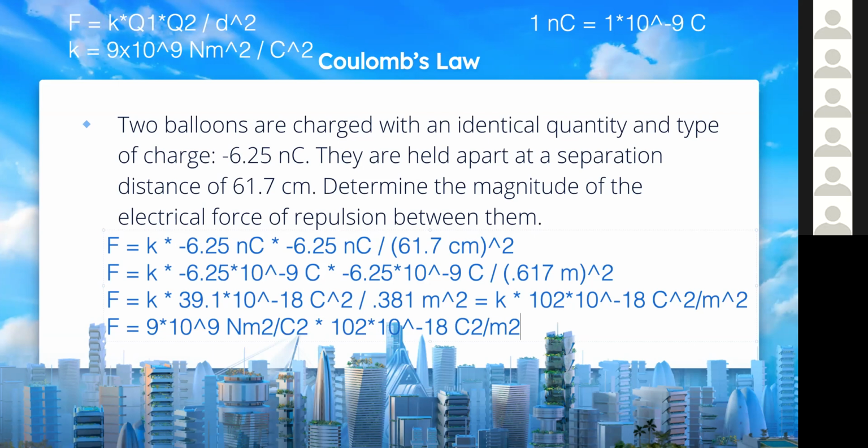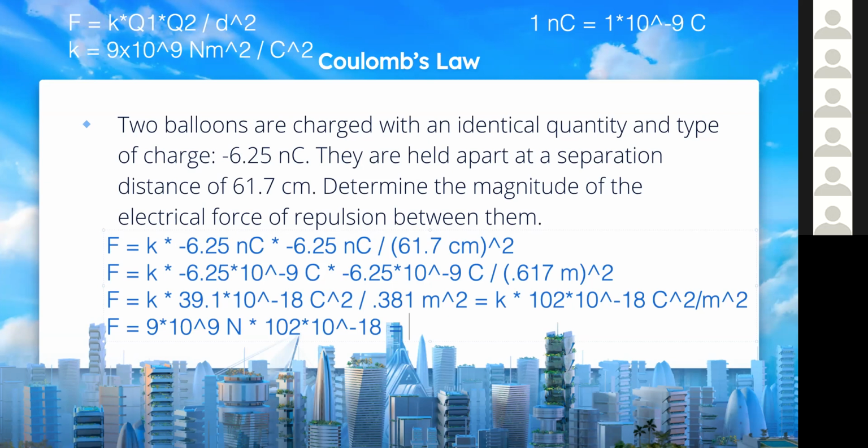Well, now we can at least get rid of some units. We can cross out the Coulomb squared meter squared and the meter squared Coulomb squared. I'm just going to do that for the sake of my little whiteboard here.